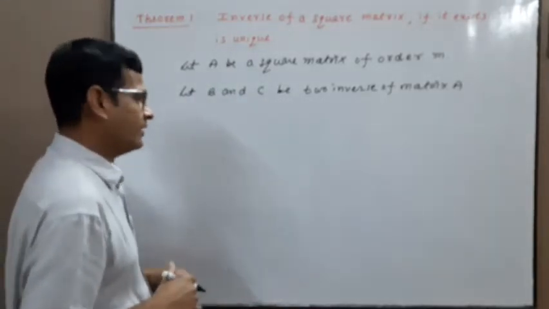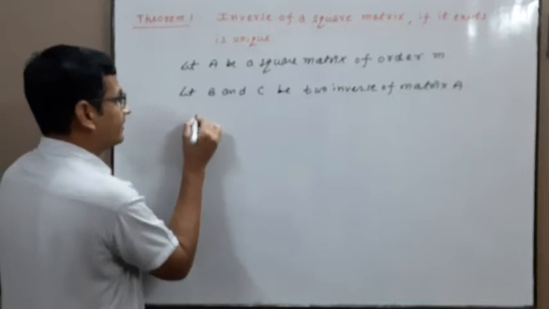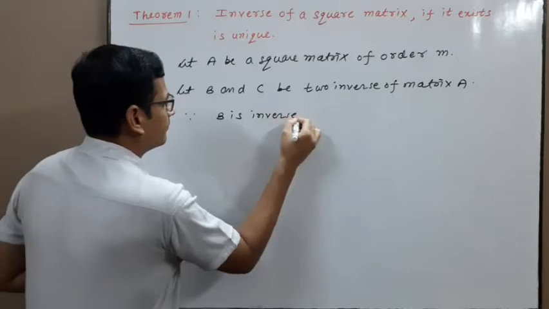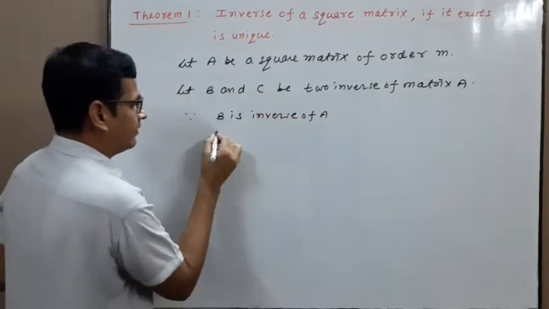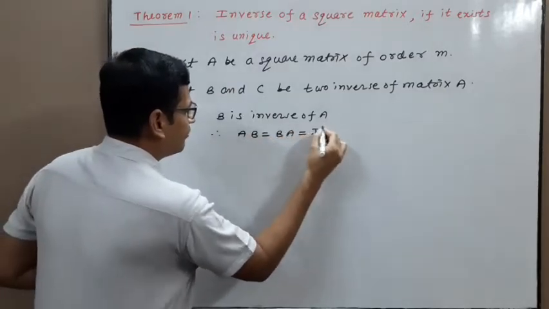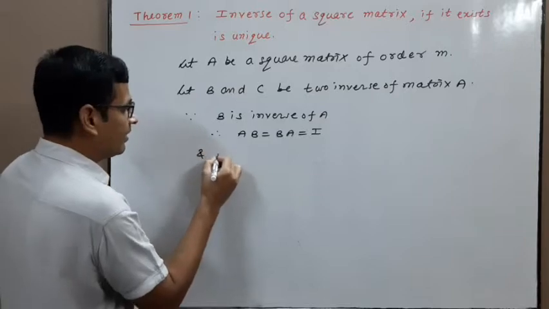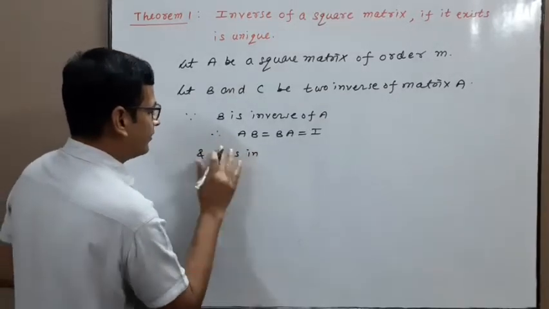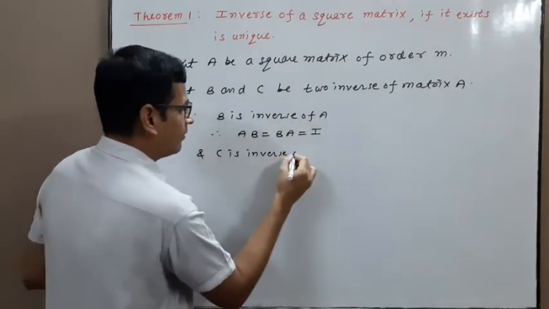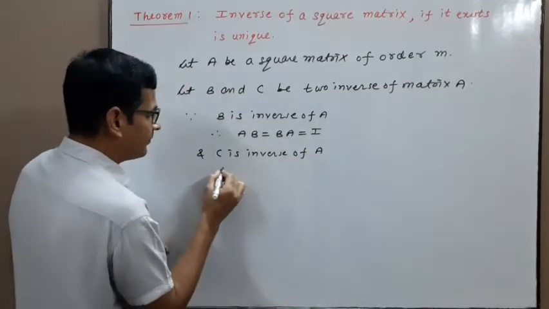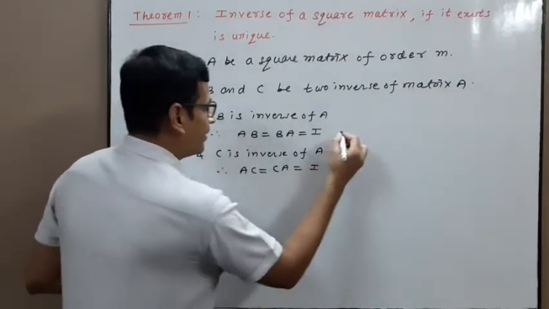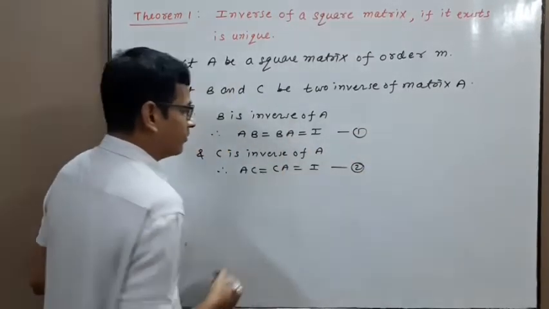Then inverse is unique. First case, since B is inverse of A, therefore A into B is equal to B into A equal to identity matrix, and since C is inverse of A, therefore AC is equal to CA is equal to I. Give equation number 1 and equation number 2.